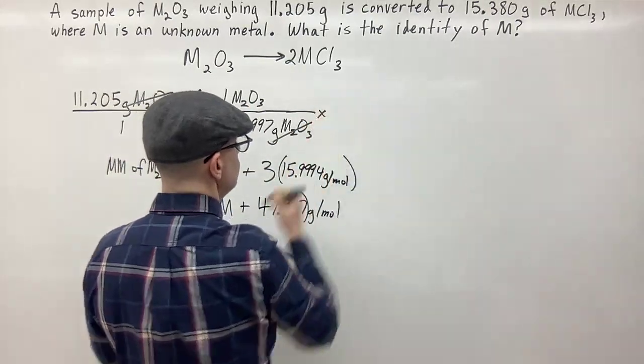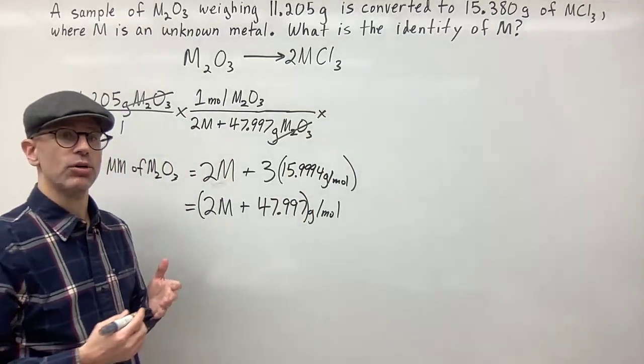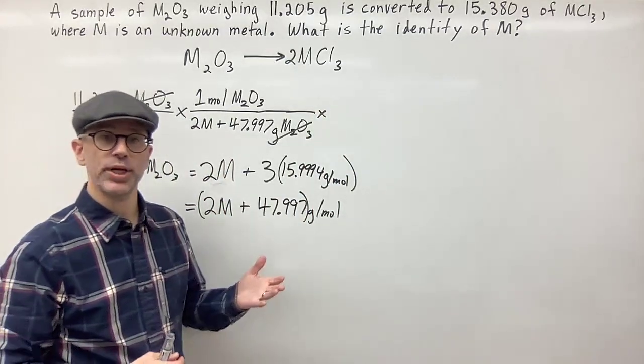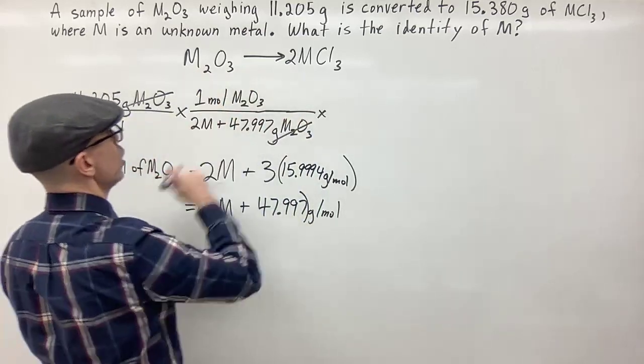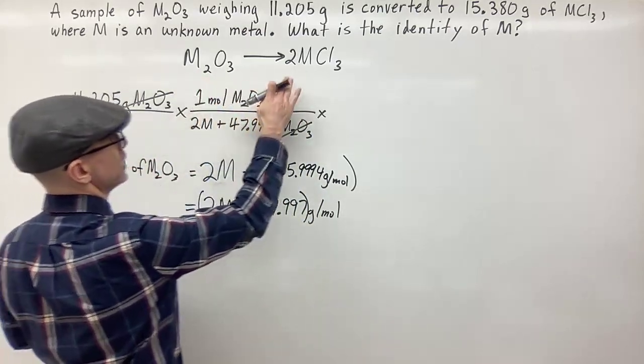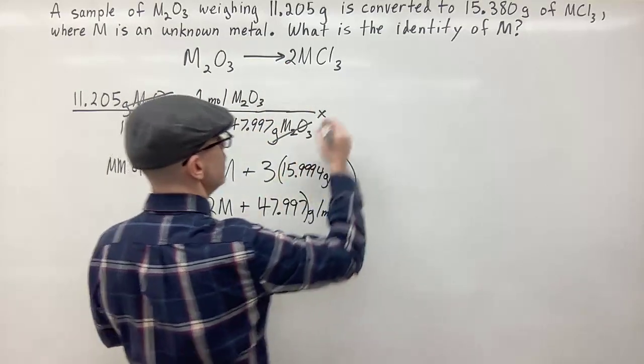So now I can use the mole ratio to convert from moles of M2O3 to moles of MCl3, which I get here. So 1 mole of M2O3 is going to give me 2 moles of MCl3.